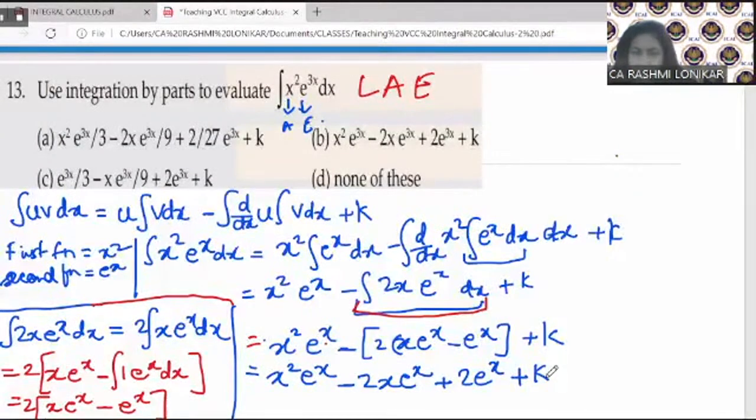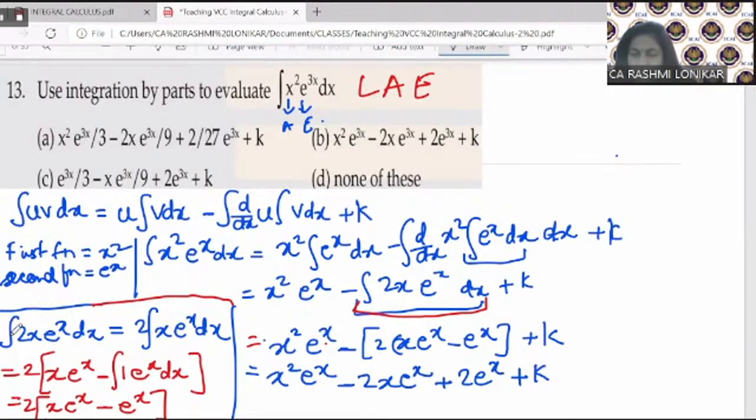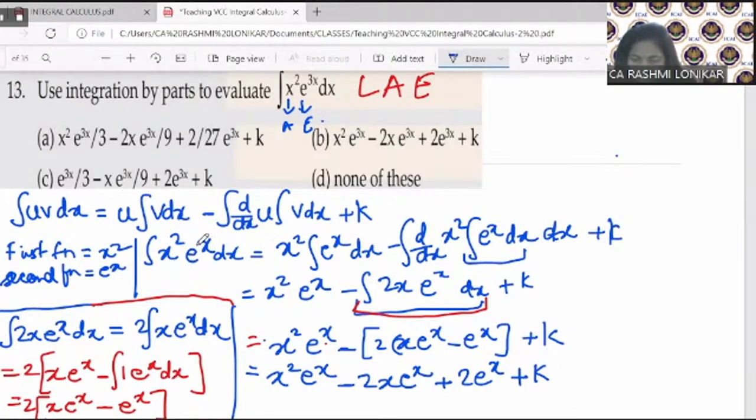Oh, it was 3x. I have taken the question as e raised to x here. So this answer is the integration of x square e raised to x dx. So this is the answer for this.